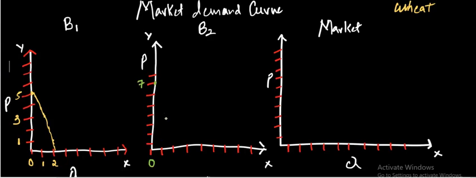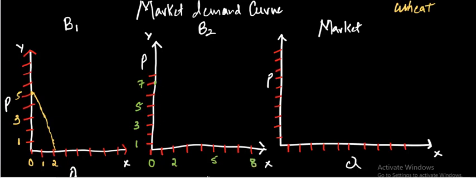Then let us assume that when the price turns out to be 5, so 1, 2, 3, 4, and 5, he is going to buy, say for example, 2 units. And let us assume that when the price is 3, he is going to buy 5 units. And when the price is 1, he is going to buy 8 units, 6, 7, and 8.